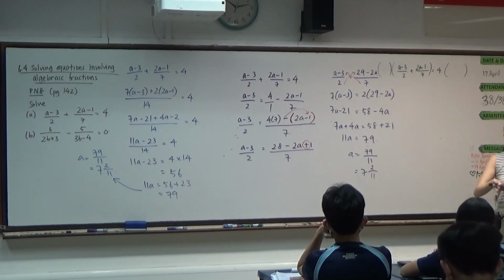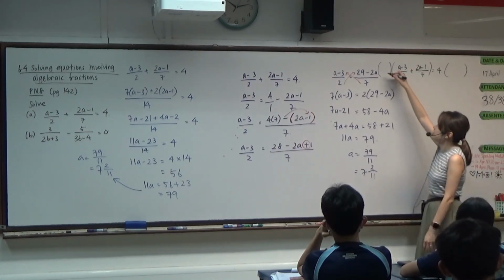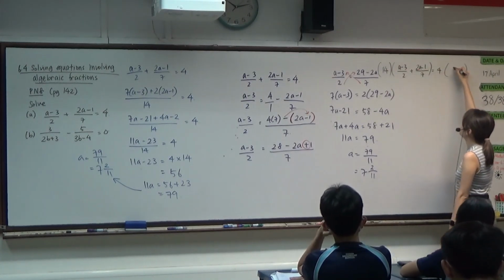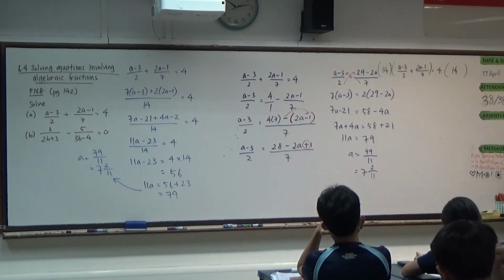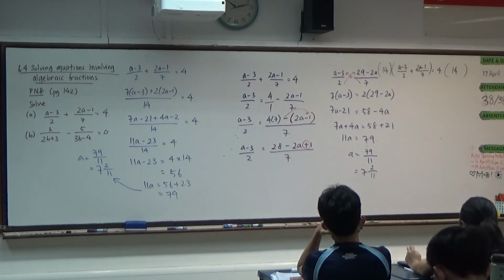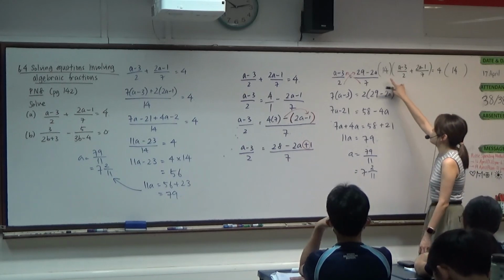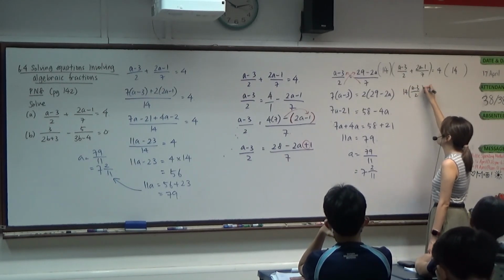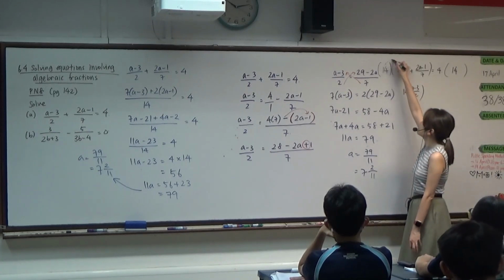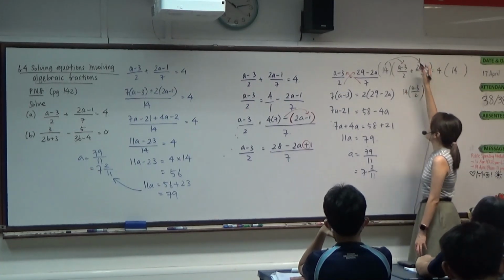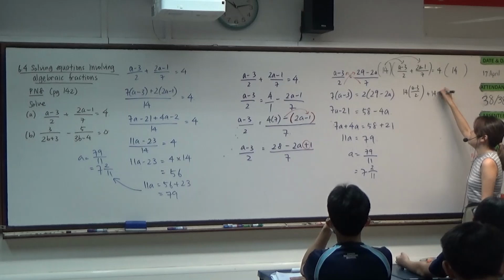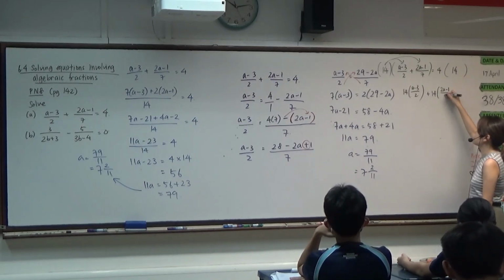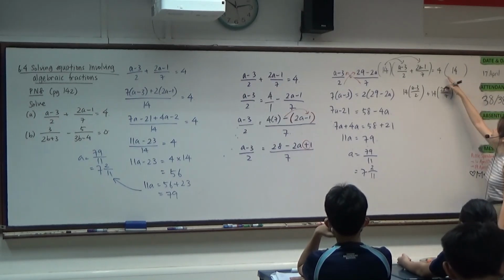I'll multiply by 14, because 14 is the lowest common multiple of the denominators. I will be able to get 14 times (a minus 3)/2, because when I do my expansion, it will look like this, plus 14 times (2a minus 1)/7, and then 4 times 14, that is 56.